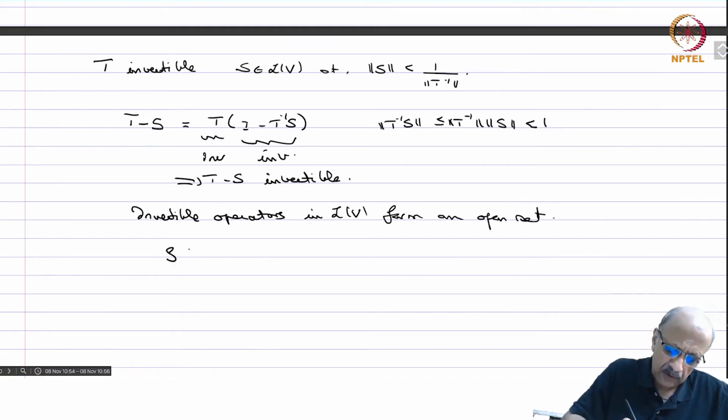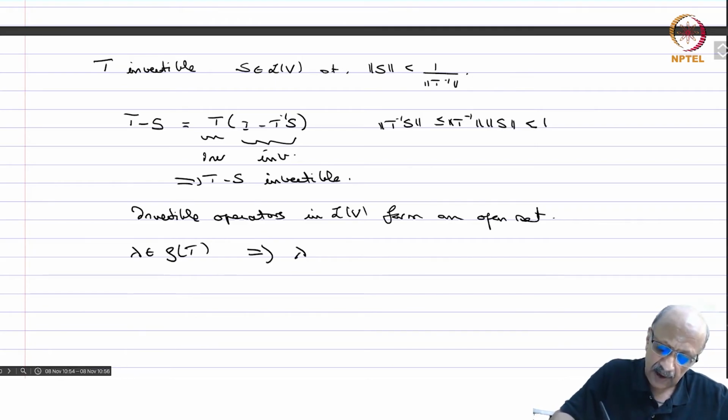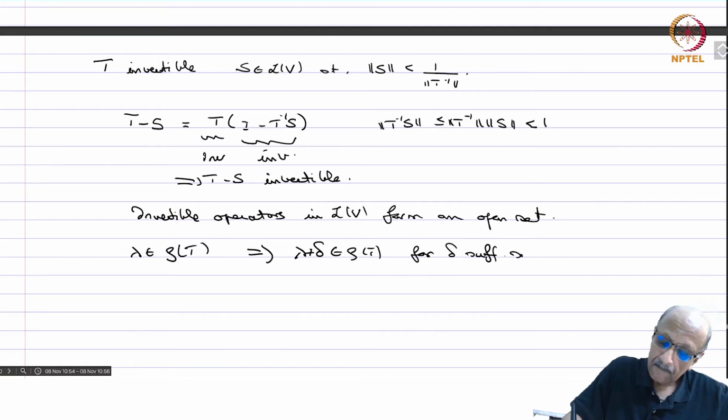So if lambda belongs to rho(T), that means T minus lambda I is invertible, then this implies that lambda plus delta is also in rho(T) for delta sufficiently small, because invertible operators form an open set.